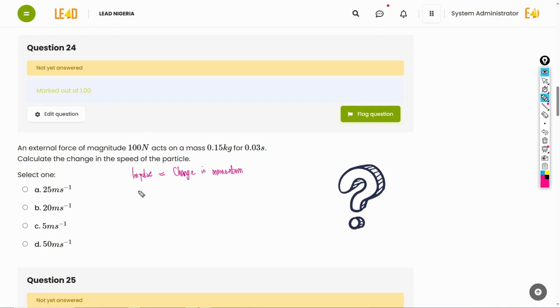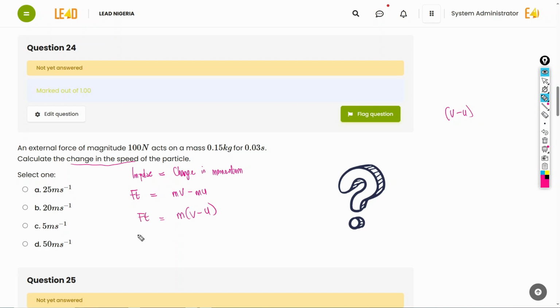So what's my impulse? My impulse is Ft, and change in momentum is mv minus mu. We are asked for the change in the speed, so we're basically asked for v minus u. It makes sense to write this as m bracket v minus u. So we're just solving for that, right?